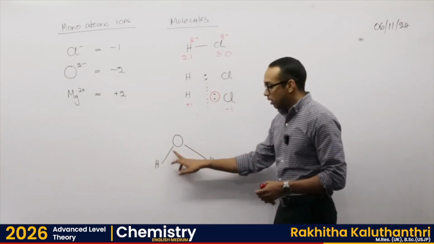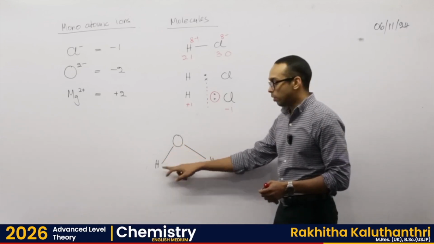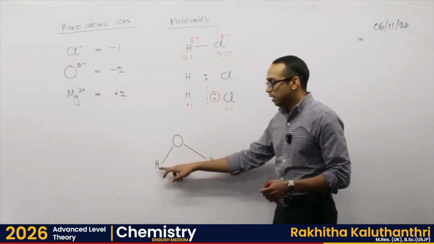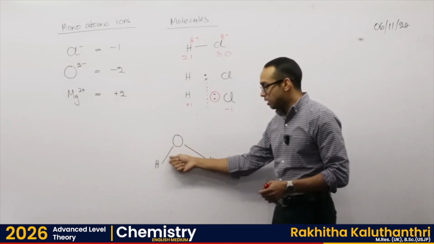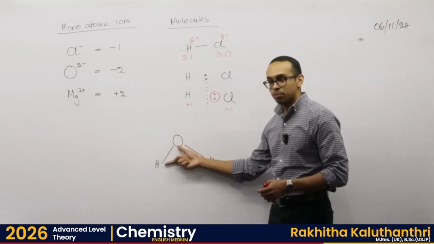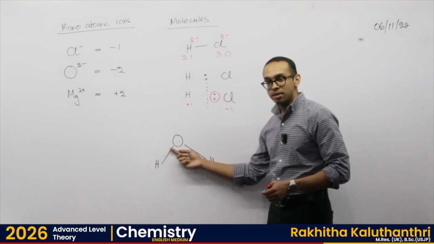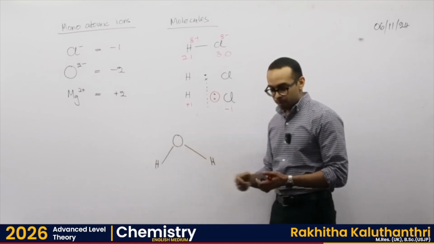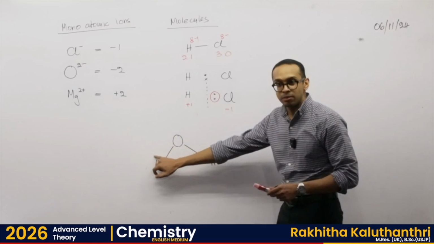Oxygen is more electronegative. So out of oxygen and hydrogen, which is more electronegative? Oxygen. So therefore the bond electrons are attracted more towards oxygen. So when you are considering this bond, there's a partial transfer of electrons towards oxygen. So if we wrote polarization, we write delta minus here, delta plus here.